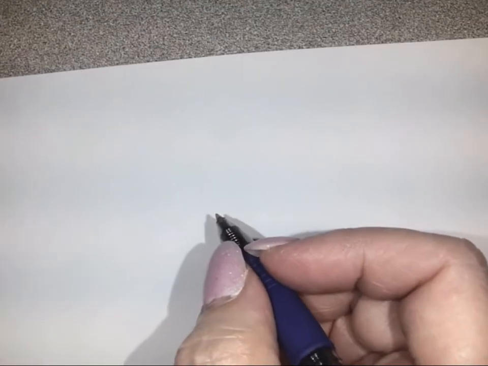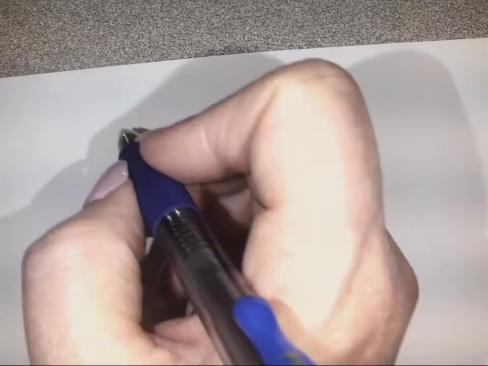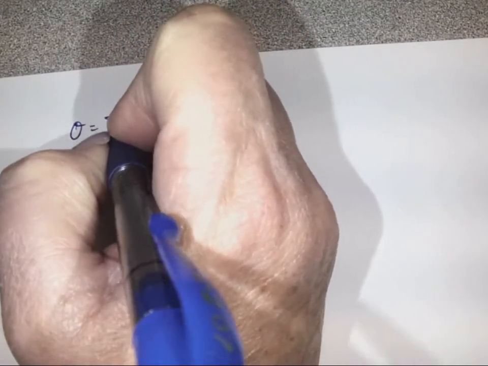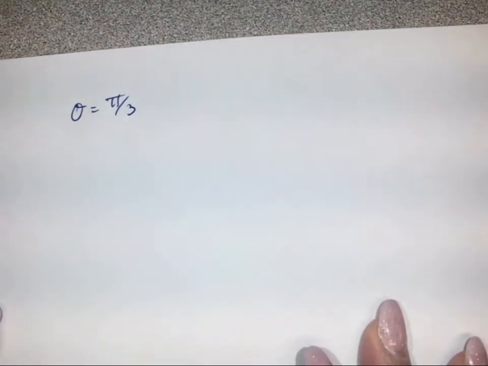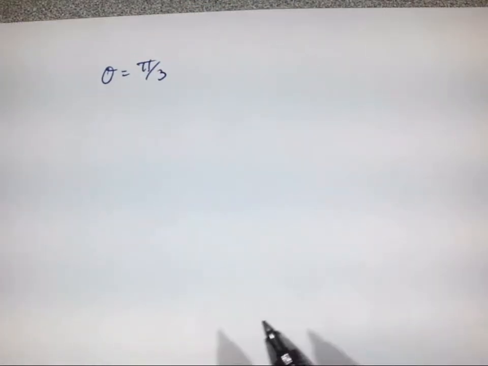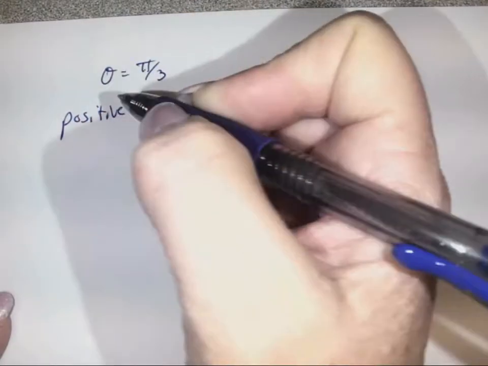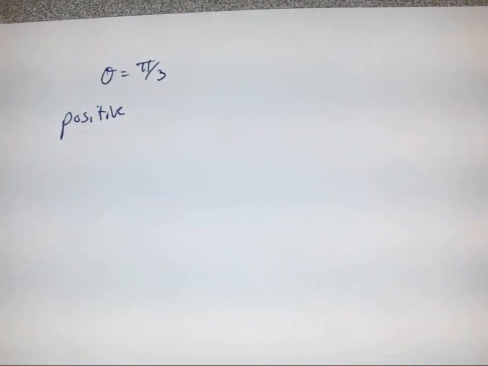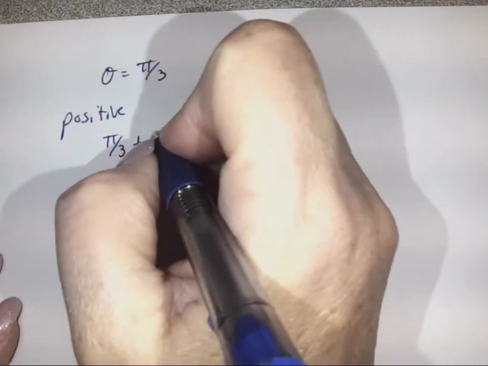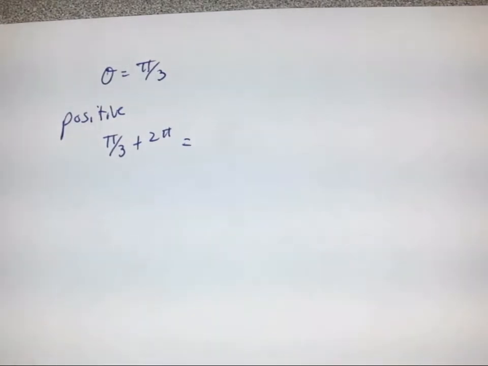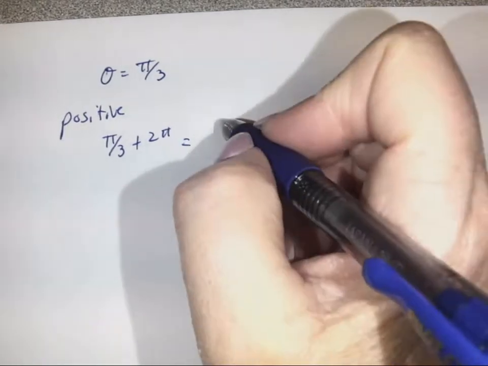So we're going to do the same process we just did, but this time our angle for theta is pi over 3, and we're in standard position. So to find two positives, to go all the way around the circle, we're going to go 2 pi. So we'll have pi over 3 plus 2 pi. Well, we have to get this to a common denominator.